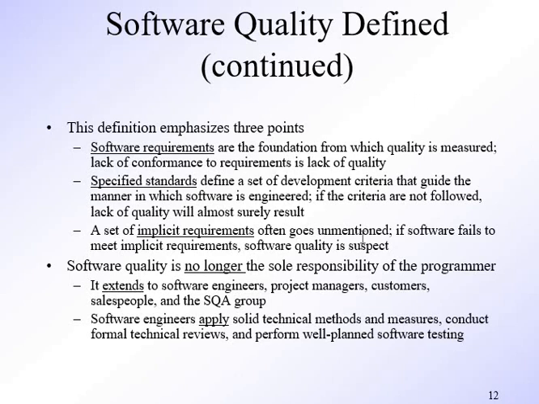Software quality is no longer the sole responsibility of a programmer. So we cannot say it is the only responsibility of a programmer. We have so many software development phases.